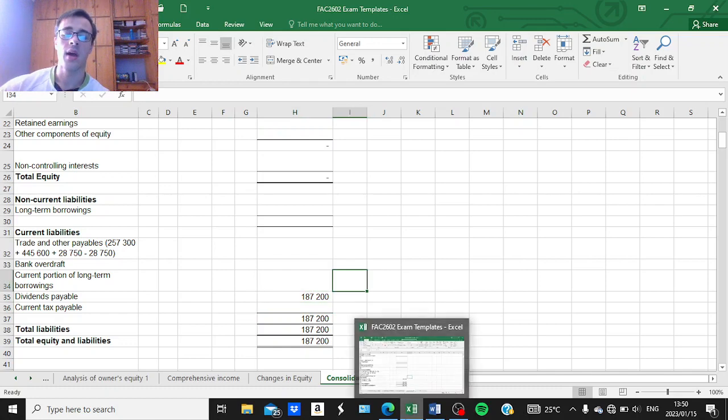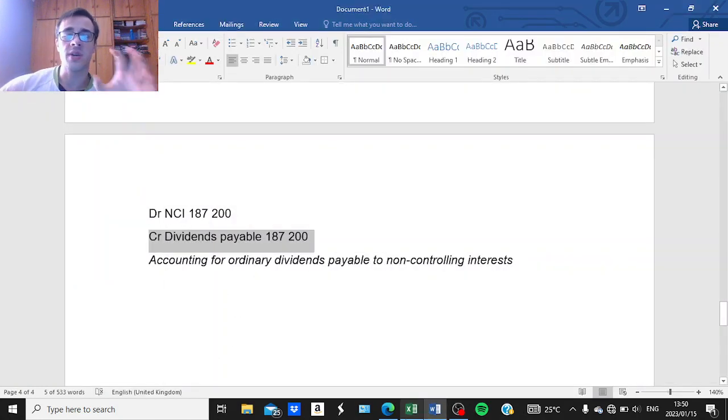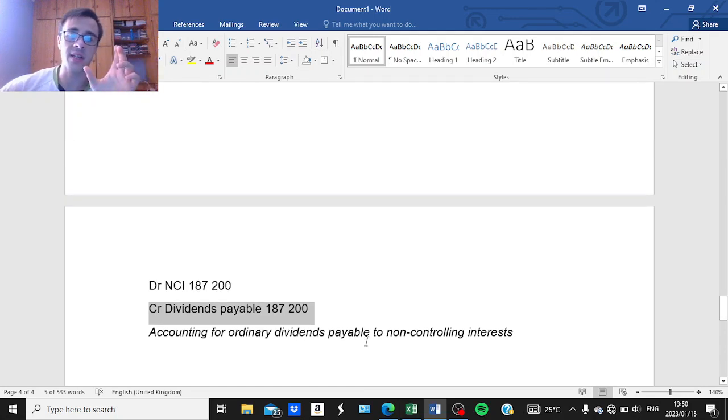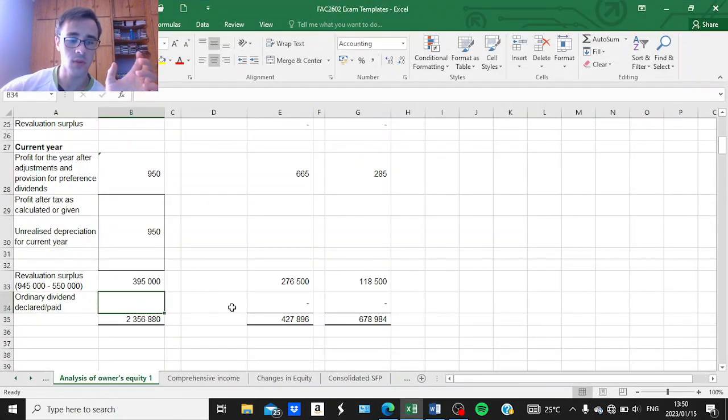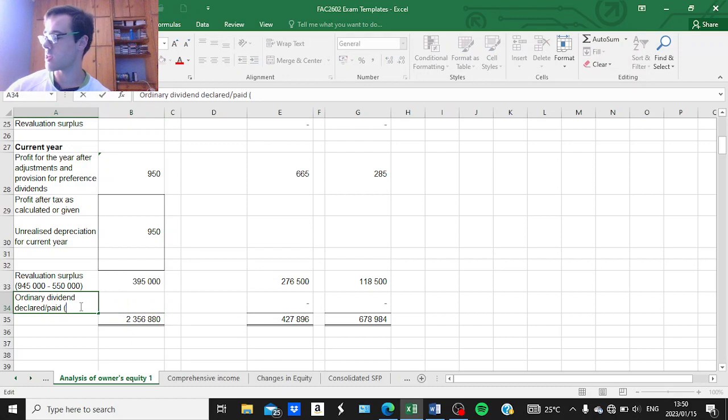Now, even though we do not need to eliminate the intergroup dividend, we still need to show the total dividends that have been declared by the subsidiary in the analysis of owner's equity, which will just be 1.2 times 520,000 shares.